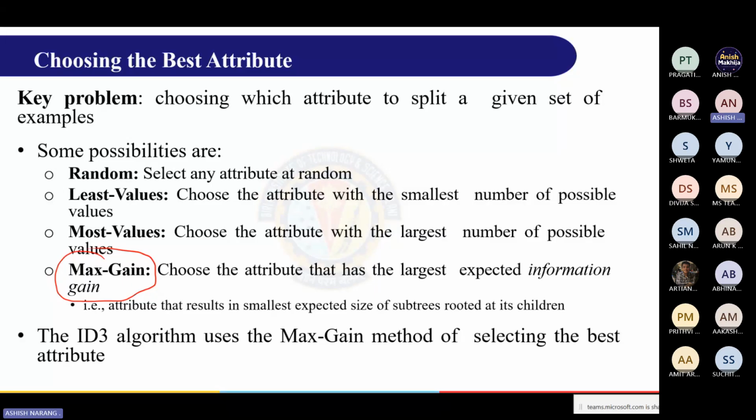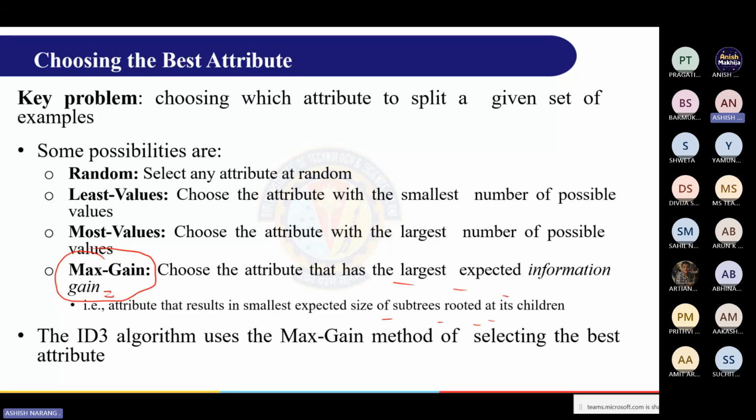That is given by the max gain approach. Choose the attribute that has the largest expected information gain. Now, what is information gain? We will talk about it, don't worry. The attribute that results in the smallest expected size of subtrees rooted at its children. That's what we talked about: we want small subtrees, because smaller trees mean lesser computation, and we will reach pure partitions faster.